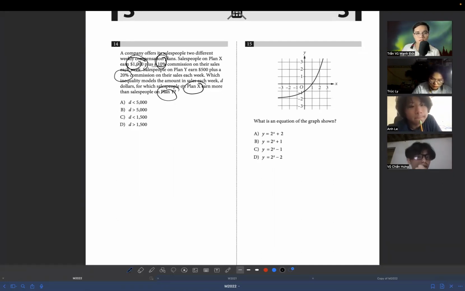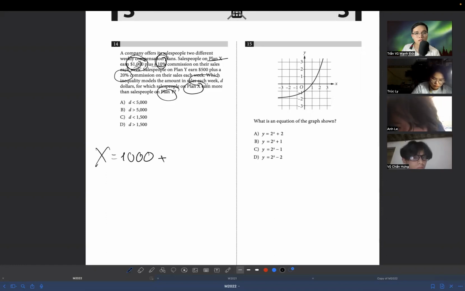So what does it represent? Salespeople in Plan X earn $1,000 plus, because they are asking which inequality models the amount in sales each week for which salespeople in Plan X earn more.